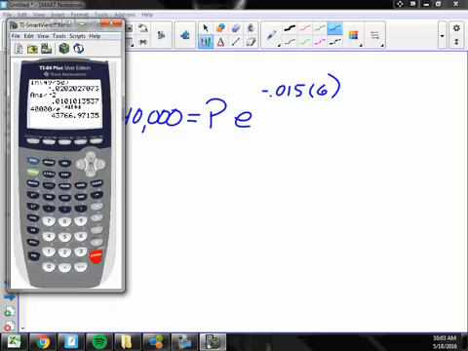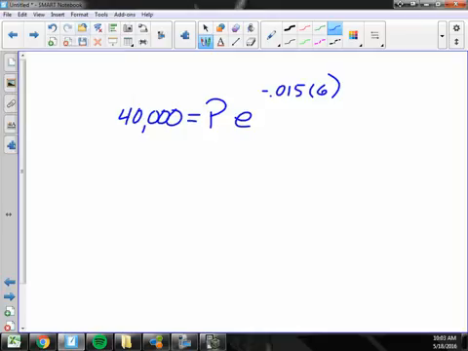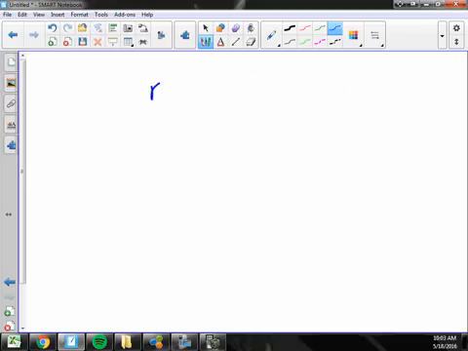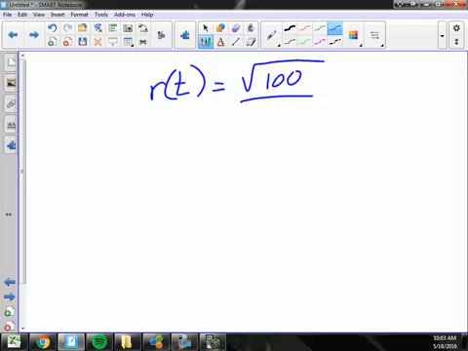Oh, number 2 is identical to the one we did yesterday, right? Maybe it will be. Do you guys want to see it? So we have R of t equals the square root of 100 over t plus 1. And A of R is pi r squared.